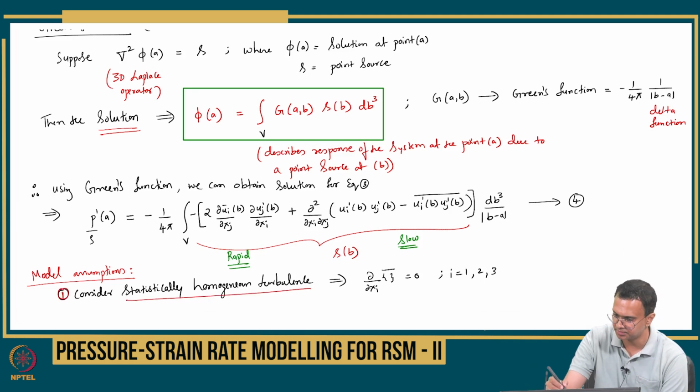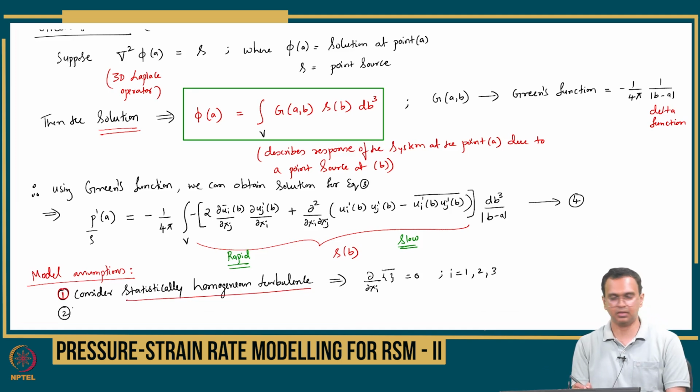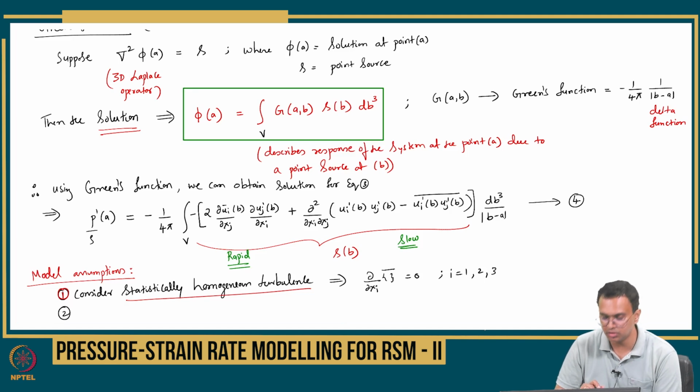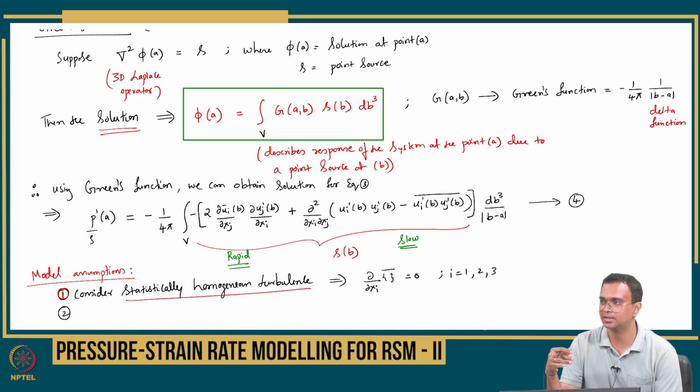Statistically homogeneous. And I can make another assumption on the rapid part: if I assume that this mean strain dou ui bar by dou xj, as I walk along, is exhibiting small changes, what does that imply? It implies that the mean strain is almost constant. When it is constant, I can take it outside the integral. So I would like to assume that it is constant or almost constant.